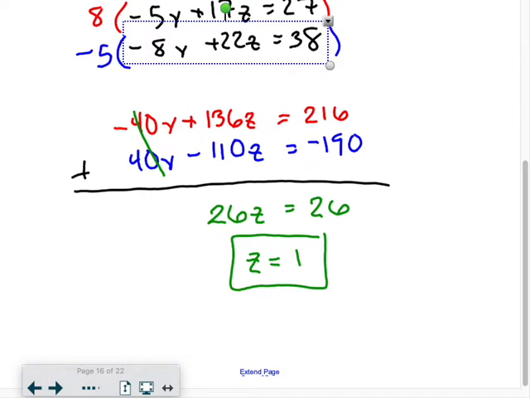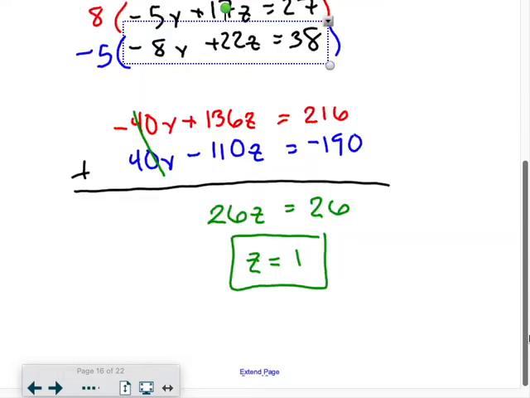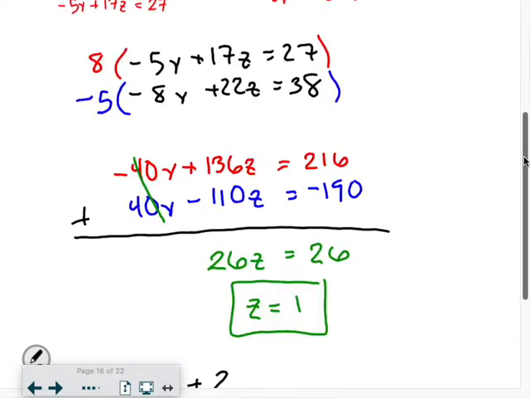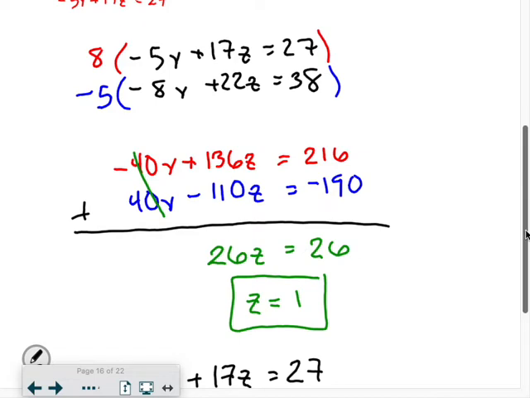You can choose. You can plug z equals 1 into the top or the bottom equation. I'm going to choose the top. Negative 5y plus 17z equals 27. Just double check that I wrote that correctly. These are some of the mistakes that happen.